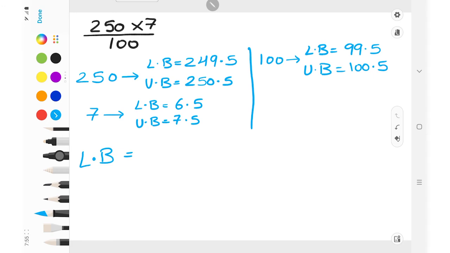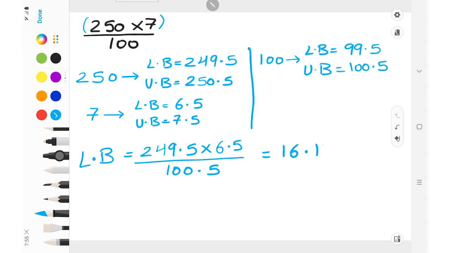Now we will do the whole calculation. For my lower bound, first the upper part, I want it lower. In multiplication, the lower is lower multiplied by lower. So I will take 249.5 multiplied by 6.5 divided by, I want the upper of the 100, not the lower, which is 100.5. This is equal to 16.14, also to 2 decimal places.